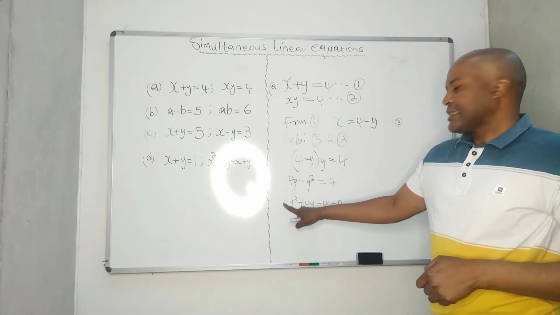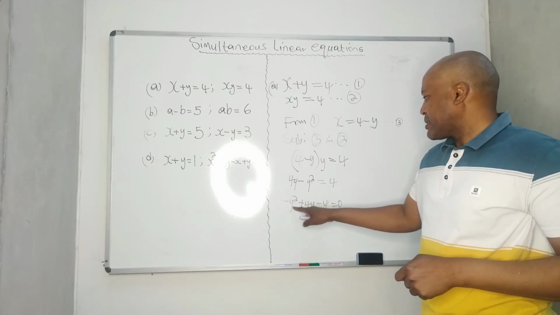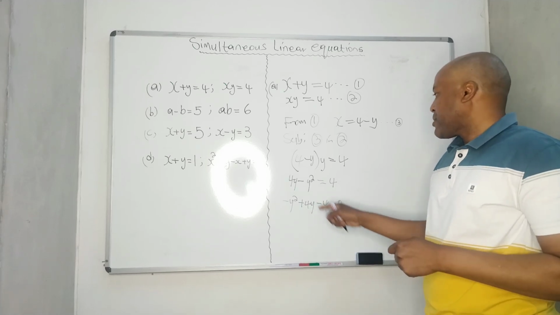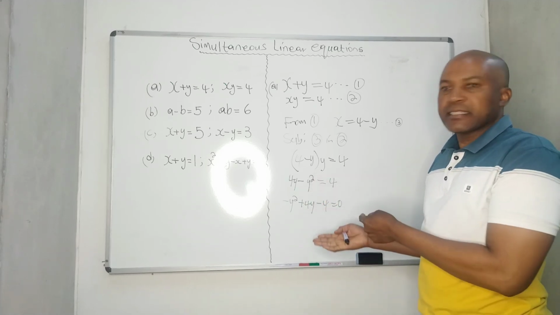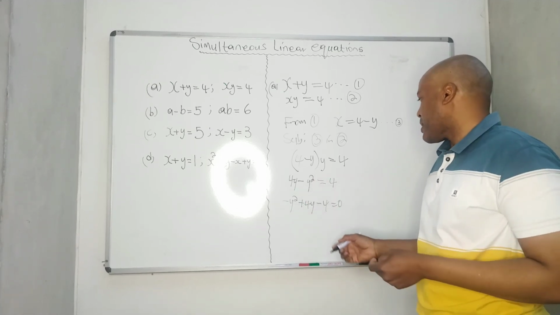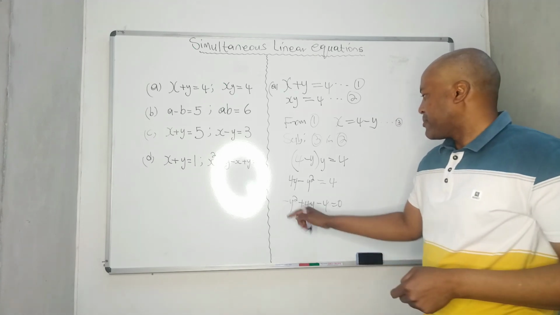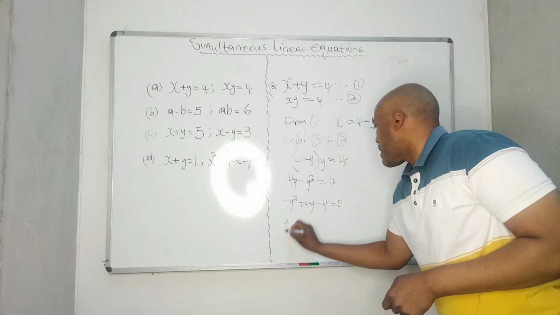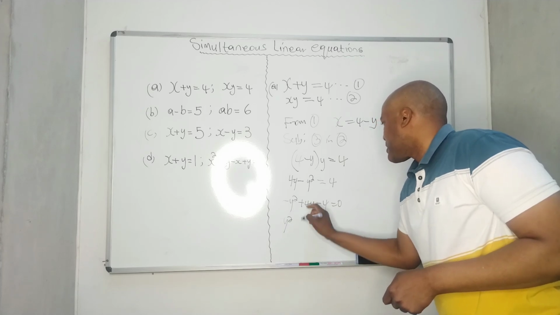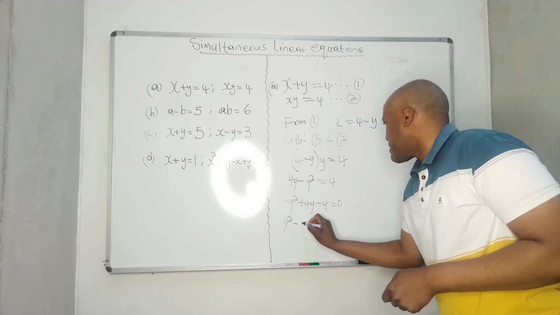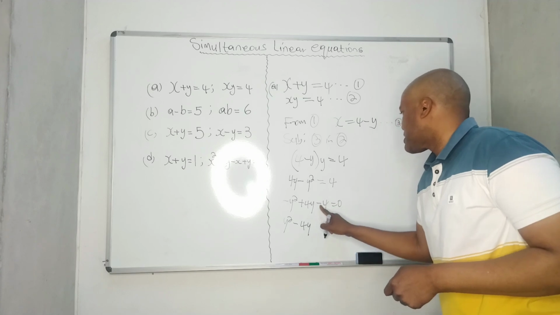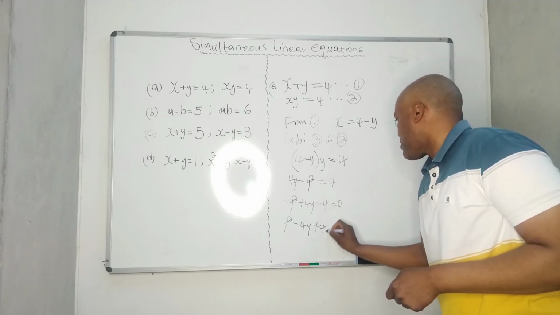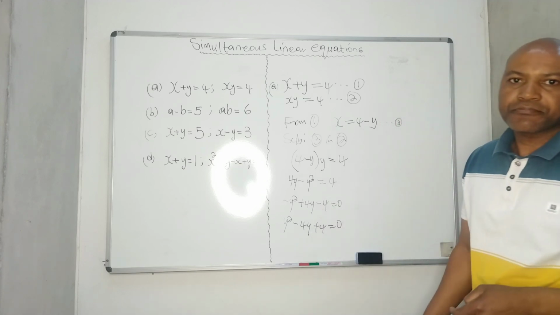You multiply each and every term by a negative 1, or you divide it by -1. So this will change the sign. If you multiply by -1, it's going to be y squared. This will change the sign as well, minus 4y. This will change the sign as well, plus 4 is equals to 0.